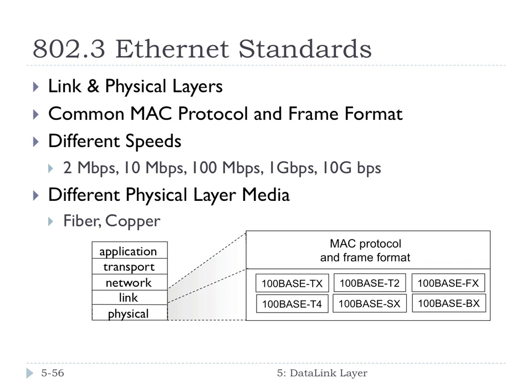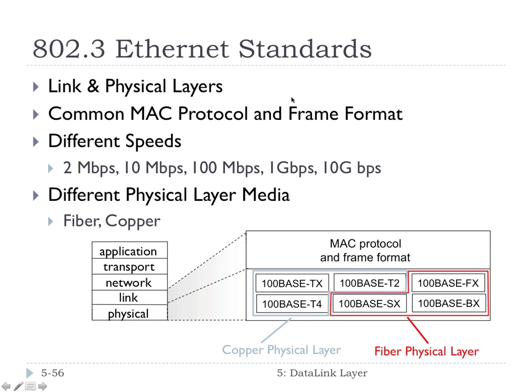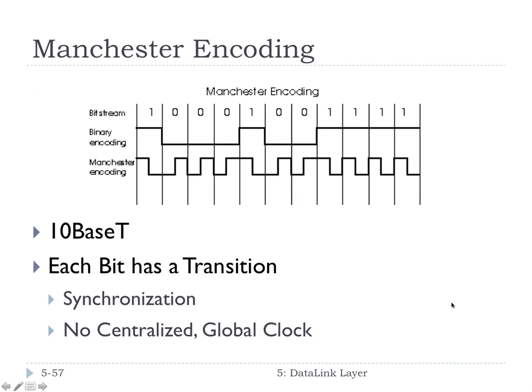There are lots of different speeds of Ethernet as well that have developed over the years. You can see that the ones that have T in them are copper, twisted pair is what the T was for, and the ones that have the F, S, and B are for fiber.